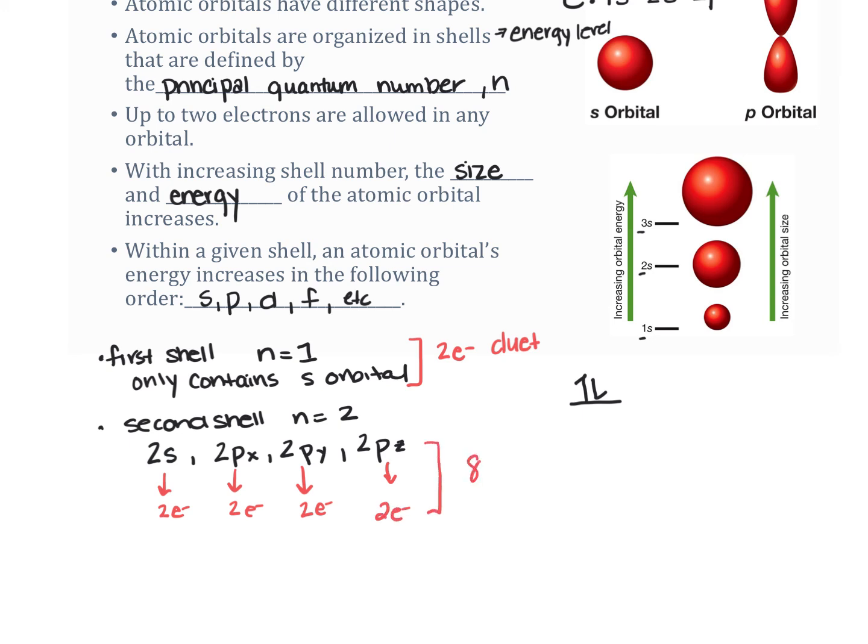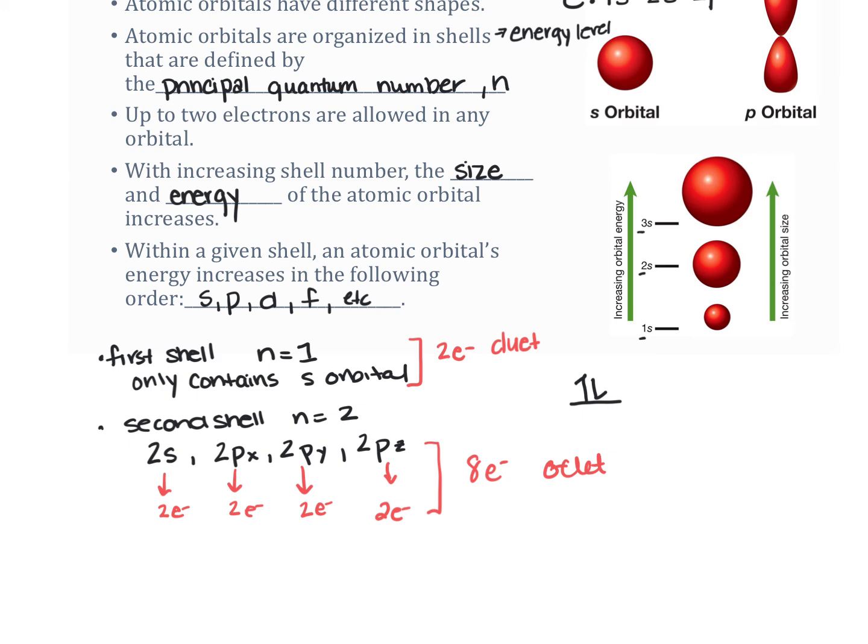And so this can have 8 electrons, and we call that an octet. Now, the third shell can contain up to 18 electrons. And again, you can look at that when you get into larger atoms, mostly focused on in inorganic chemistry.